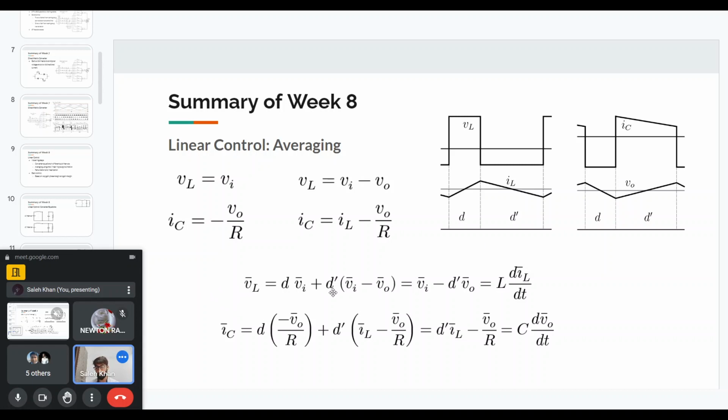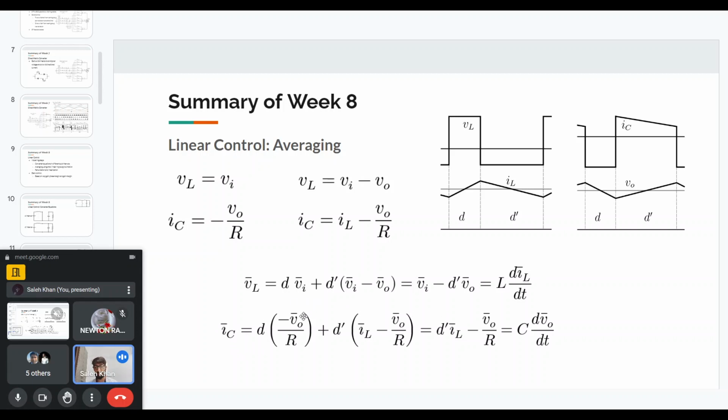Because I know that d prime is equal to 1 minus d, I can simplify. I will get this equation, Vi minus d prime times Vo, and this is equal to L di/dt because this is the inductor voltage. So on average, it will be given by this. Similarly, I can do the same for the capacitor current.